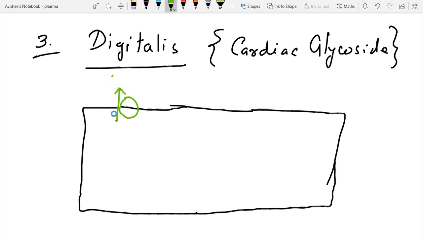Sodium in the cell increases, so they will throw sodium outside and take in potassium. So this is called the sodium potassium pump. Another pump is there which will bring sodium inside. This is a symport pump, and this is also using ATPase.